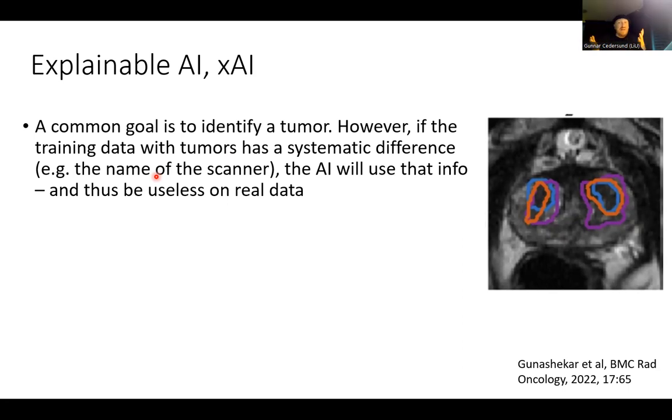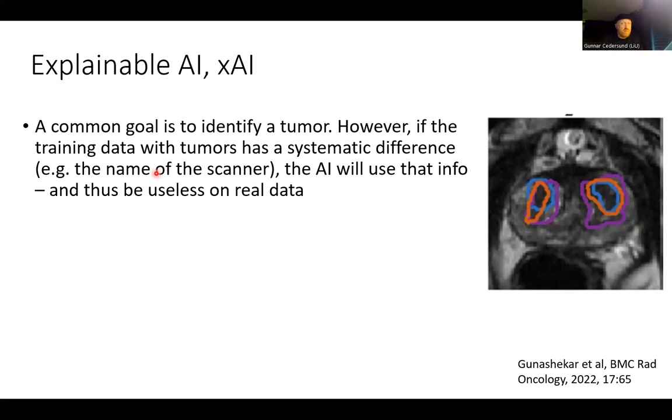And then it's, of course, completely unable, on new data which comes from a new scanner, to know if it is a tumor or not, because it hasn't learned how to look in the image in the right way. It only looks at the name of the scanner. It doesn't look at the image and try to identify the tumor.